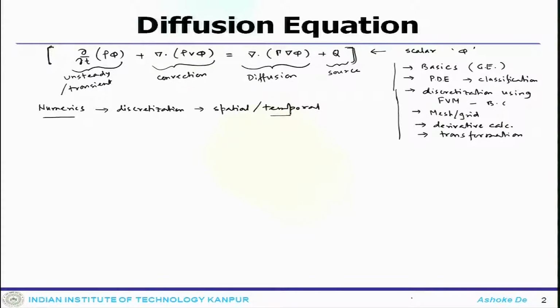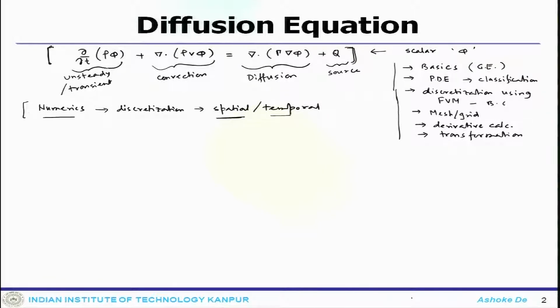If there is no transient term, then the discretization needs to handle the spatial calculation only. So, we have discussed the numerics in some detail for the total system.